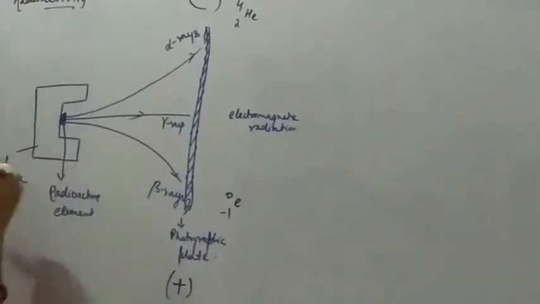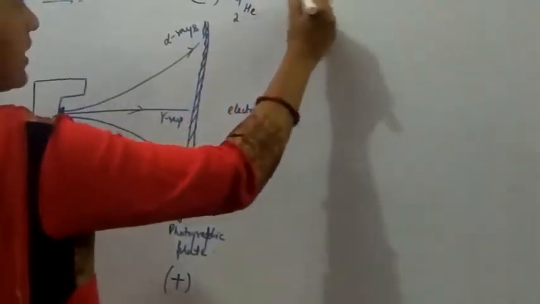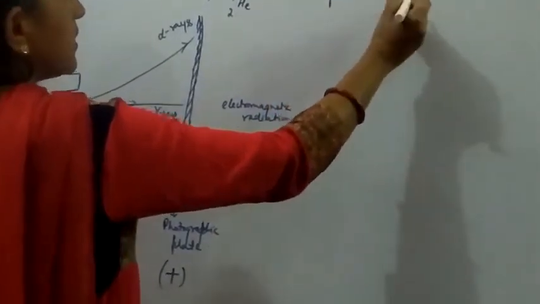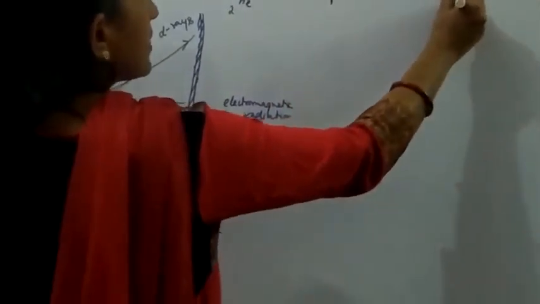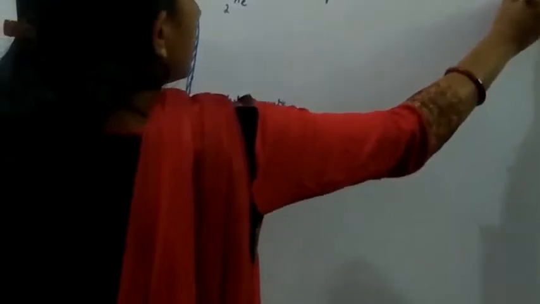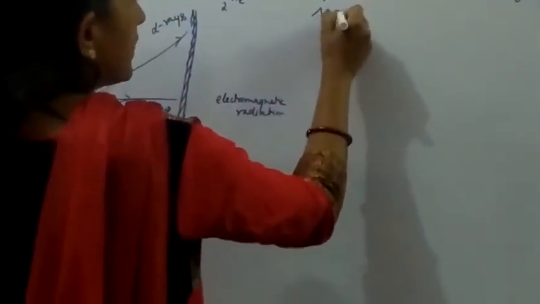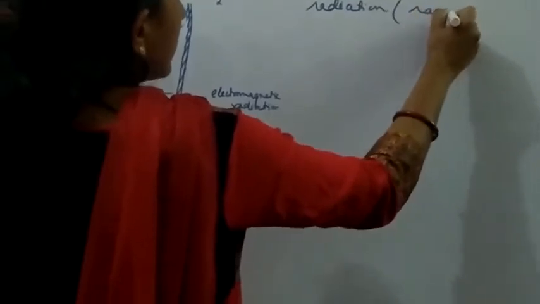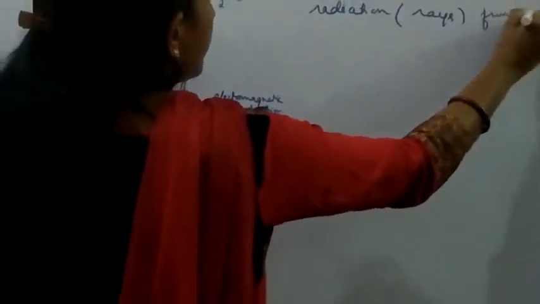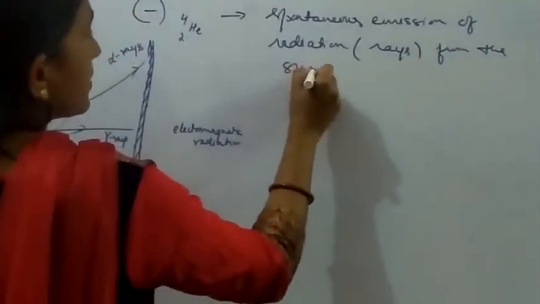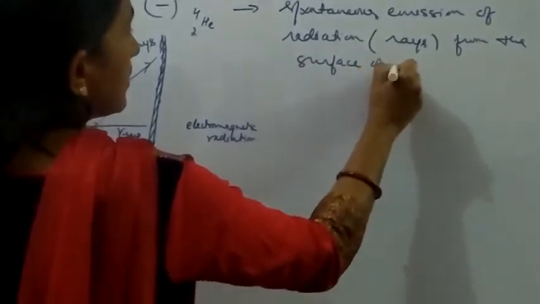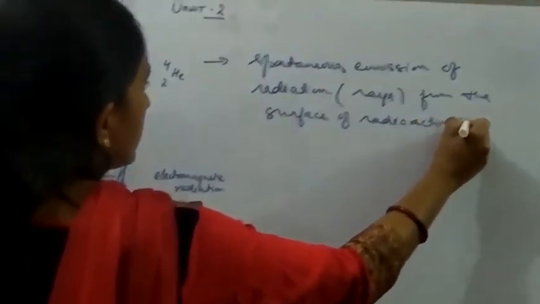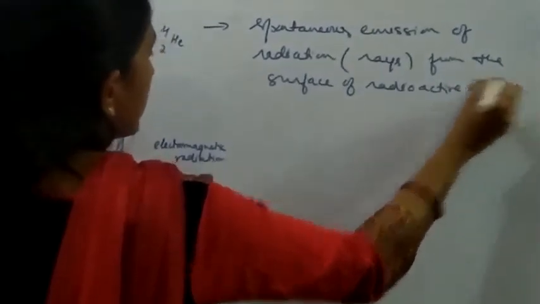Right. So what is radioactivity? Radioactivity is the spontaneous emission of radiation, or rays, from the surface of a radioactive element.